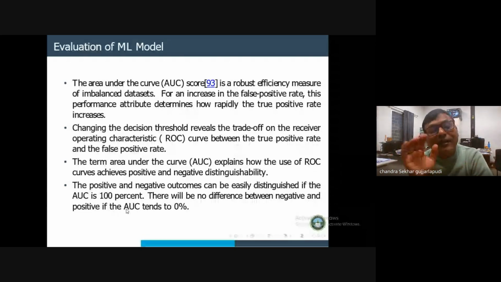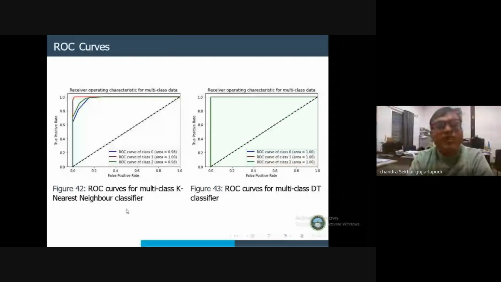Whenever we are classifying the data, we may have different threshold values. So for different threshold values, we have calculated different ROC.